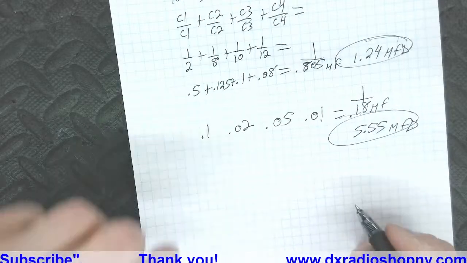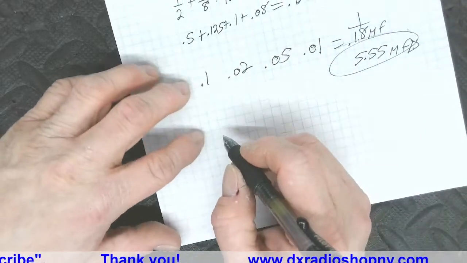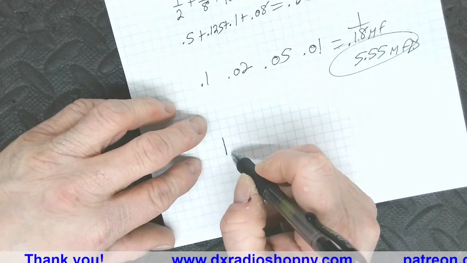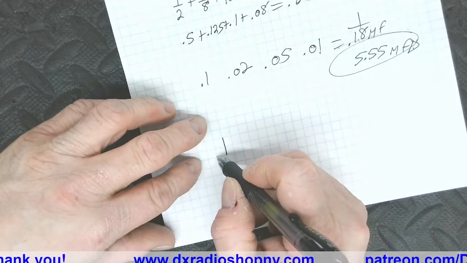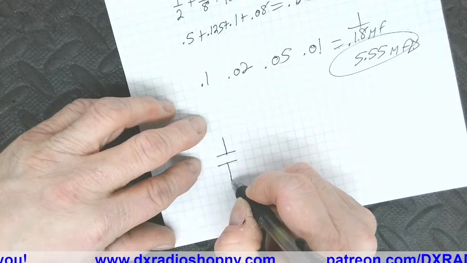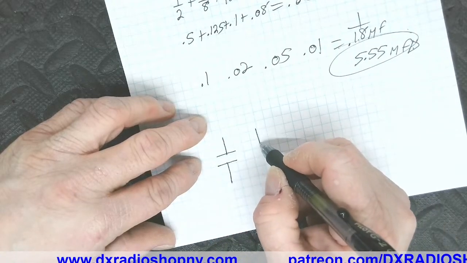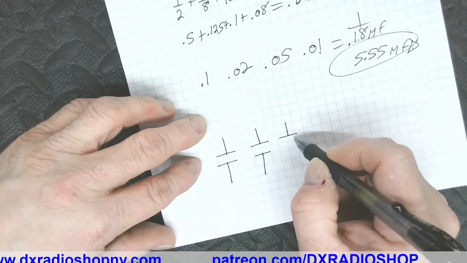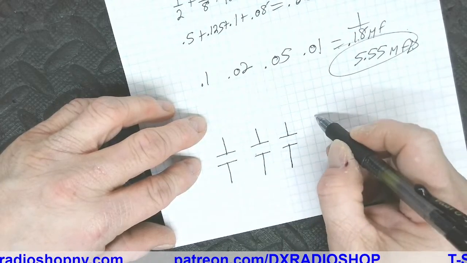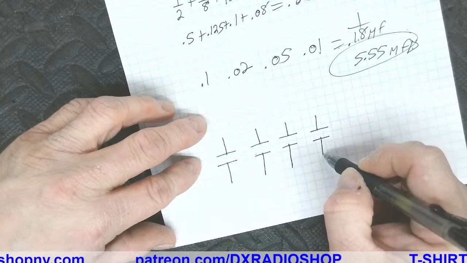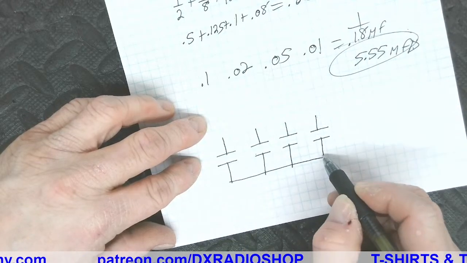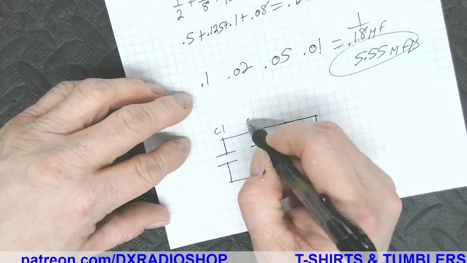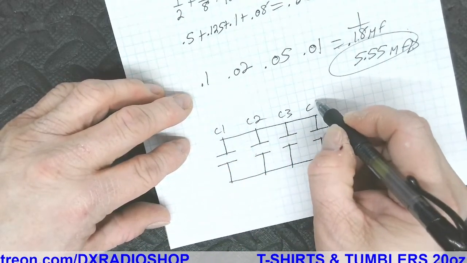Let's talk about the parallel for a moment. Parallel is pretty straightforward. This is the opposite of resistance, okay? So there's your parallel. We'll do 4 caps. I like even numbers. So C1, C2, C3, C4.